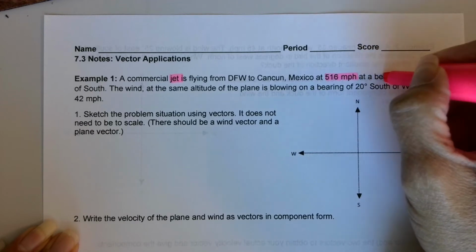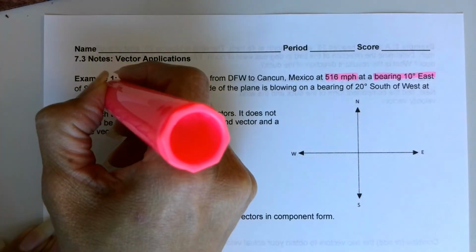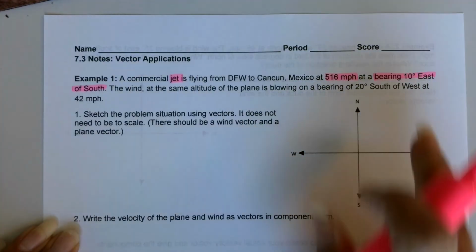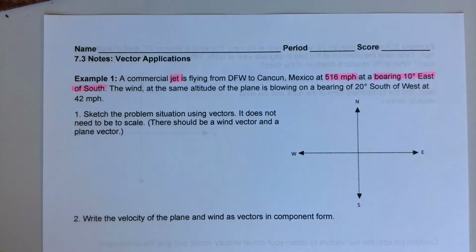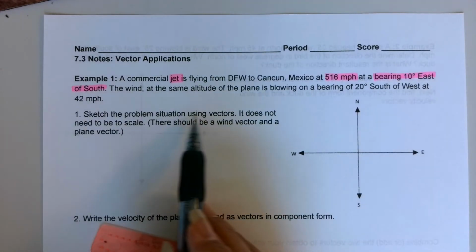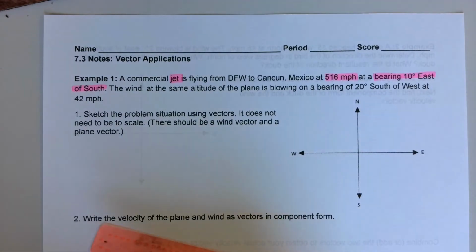The bearing is 10 degrees east of south. You may not know how to read the bearing just yet, but I am going to show you how to approach that. We're going to take that pink information and draw it out to give us a sketch using vectors to help us understand the problem situation.